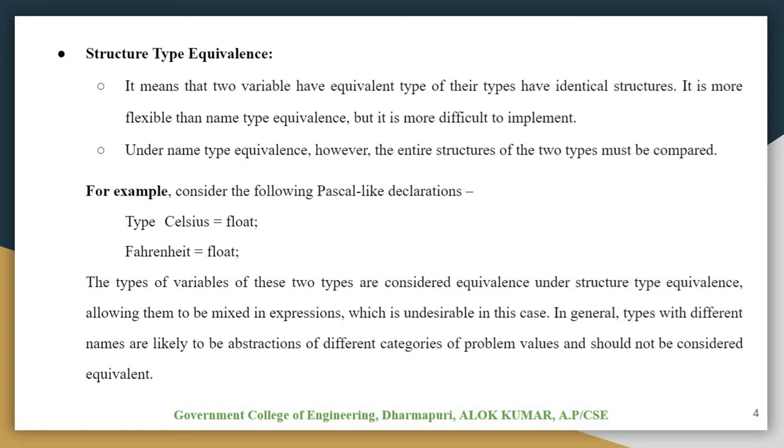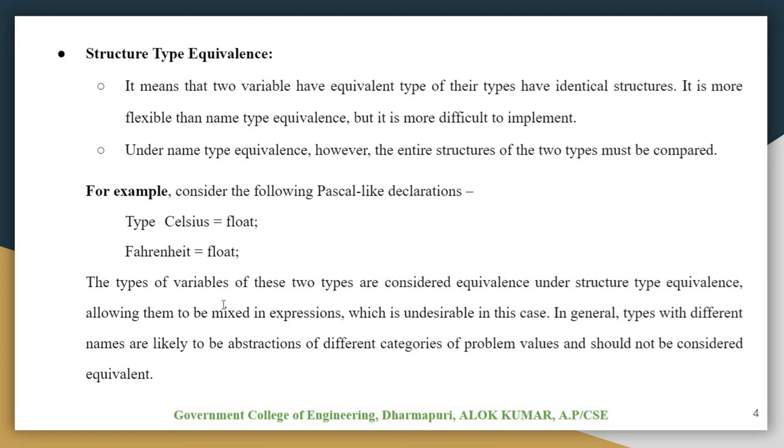The variables of those two types are considered equivalent under structure type equivalence, allowing them to be mixed in expressions, which is undesirable in this case. In general, types with different names are likely to be abstractions of different categories of problem values and should not be considered equivalent. So we have seen structure type equivalence.